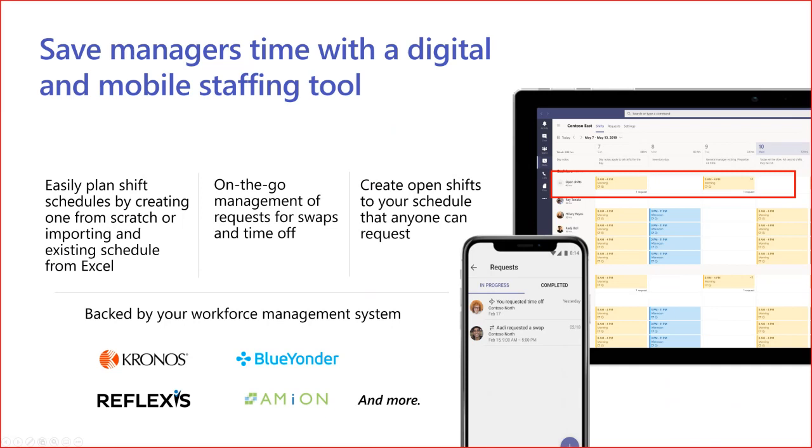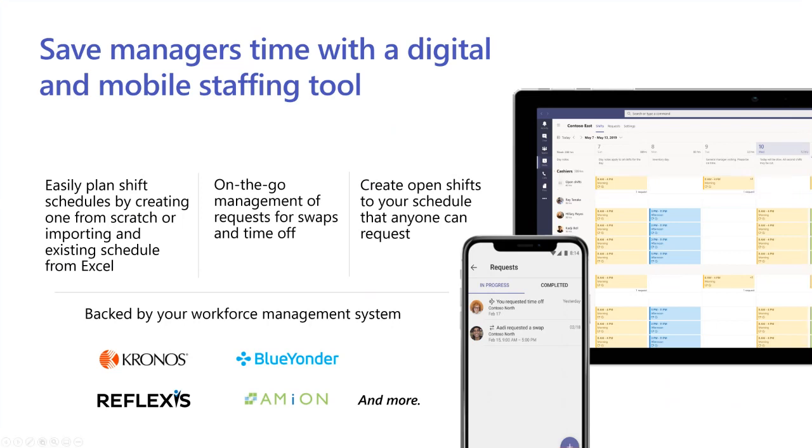Once an employee actually requests one, then the manager can go in and approve the request or reject it. And if the manager approves it, then it will be put onto the employee's calendar. Now, once the manager has put together their schedule, they can share it out, or share out a certain range of the schedule, with all members of their team.